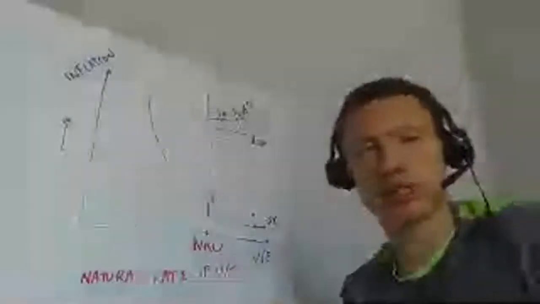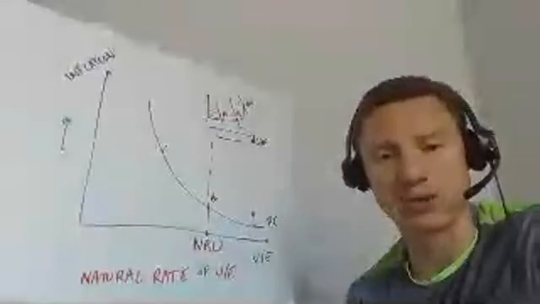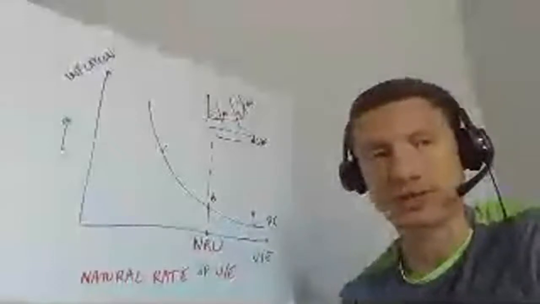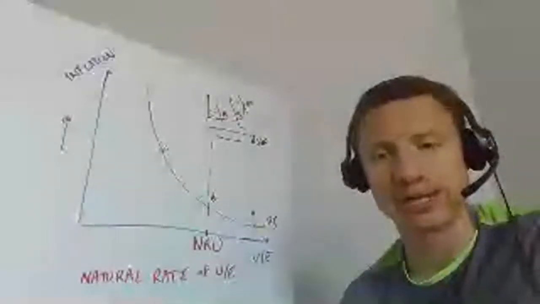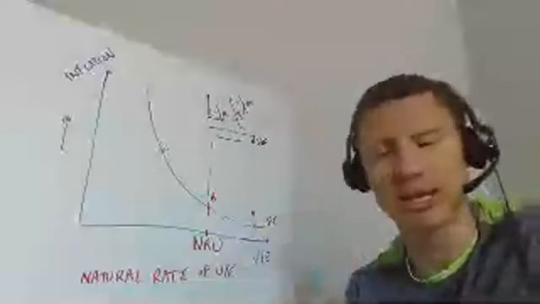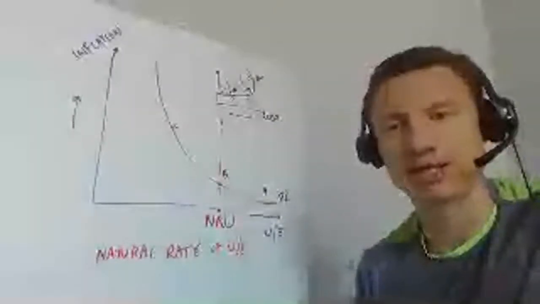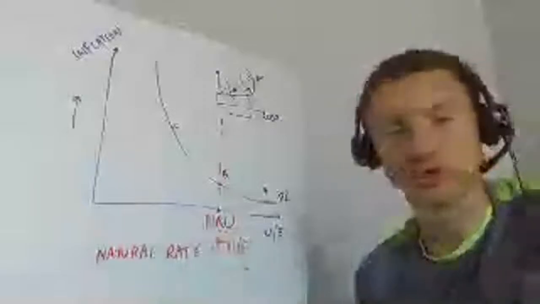Some textbooks and some other economics teachers might call it the NAIRU, the NERU. Okay, that stands for non-accelerating inflation rate of unemployment. It's not a lot of difference in what that means. But both of your specifications, both the A level and the IB, want me to call it the NRU, so I'll call it the natural rate of unemployment.